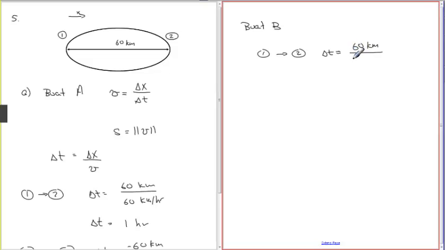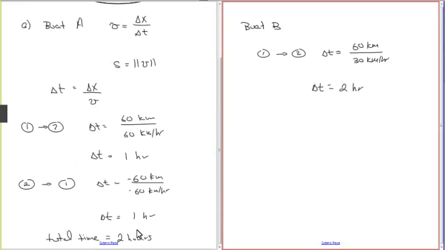We divide by 30 kilometers per hour. And so 60 divided by 30 is 2 hours. So that's how long it takes for them to go across the lake from left to right. Well, if we look down here, it took 2 hours for the other boat to go all the way one direction and back again. So at this point, we can say, well, obviously boat A wins.